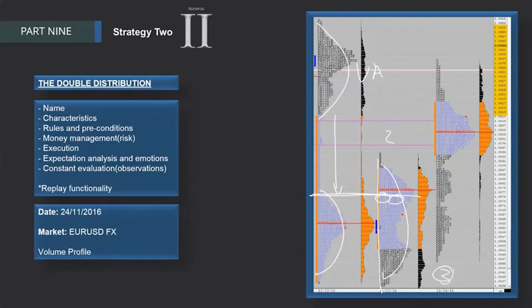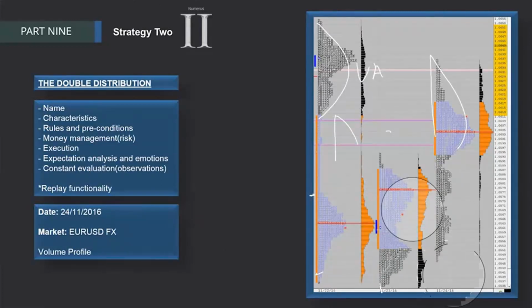On day 3, we then completed and filled out the low volume area. So this would be a typical example of a double distribution, but over a number of days. Again, important to note, this strategy can occur in one day, where we fill out the low volume area on the same day, or it can occur the following day, or even over the following days.